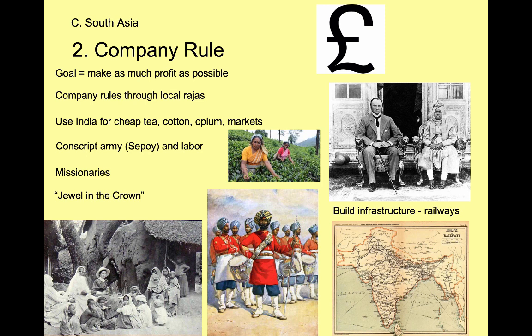There's this famous saying that the sun never set on the British Empire, because it didn't. All over the globe we see British colonies, but the most important colony in all of the British Empire was India, because of its huge access to raw materials and its absolutely huge markets, all of those people that we can sell goods to.